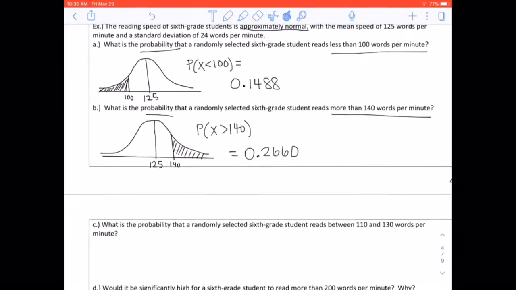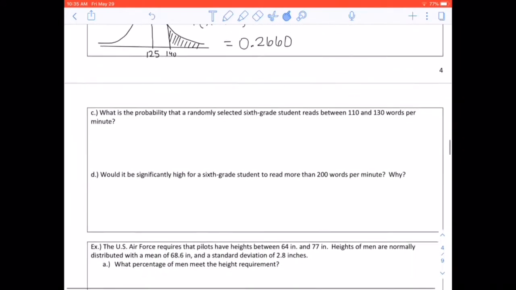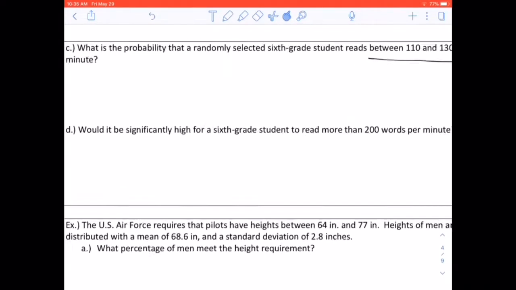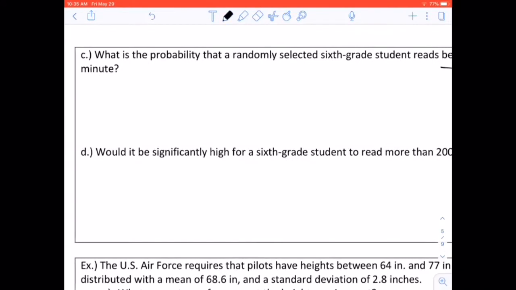Okay, the problem continues on to the next page, where part C says, what is the probability that a randomly selected 6th grade student reads between 110 and 130 words per minute? So again, sketching our normal curve, putting our mean of 125 on there, and that mean is in the middle.